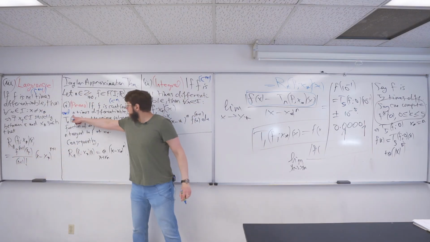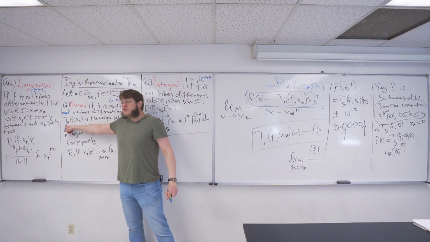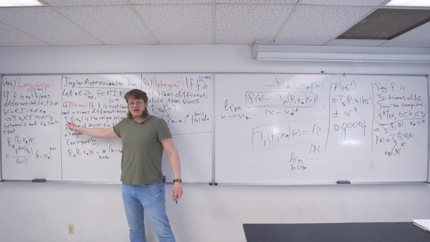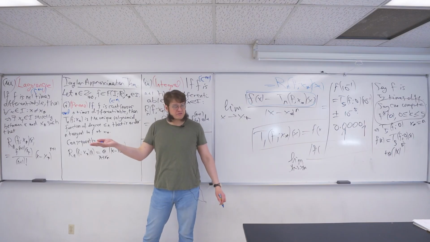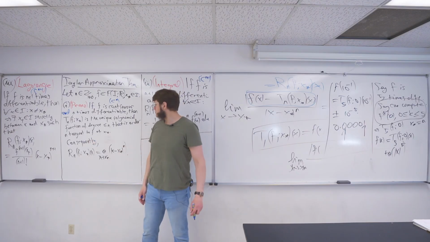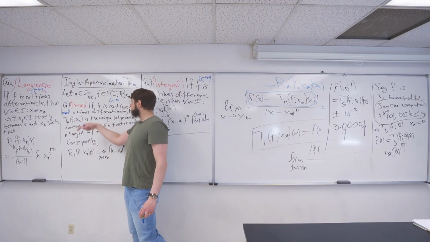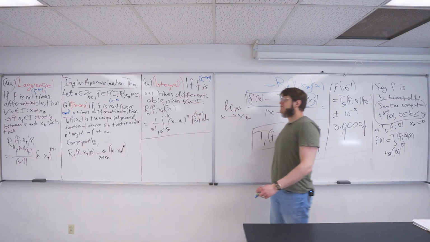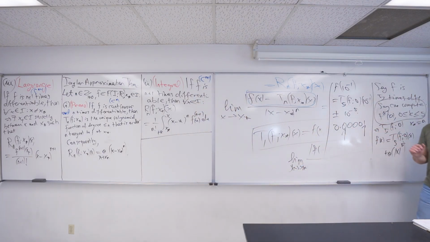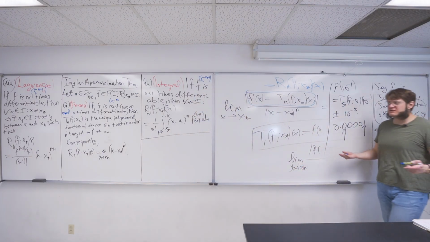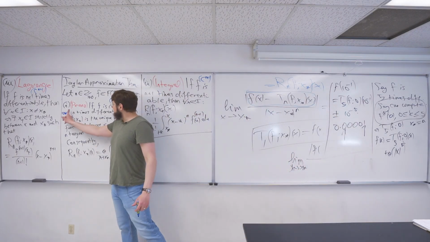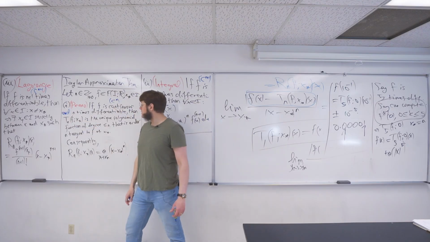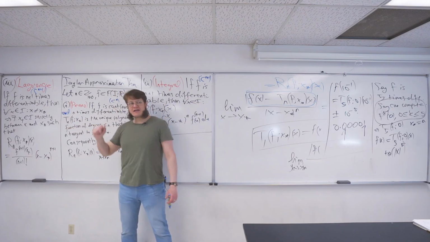If n is 0, the 0th polynomial of f at x star is nothing but f of x star. It's a constant polynomial, a degree 0 polynomial. In order for that to be tangent to f of order 0, that is the same thing as saying that f is continuous there. If I were to plug in n equals 1 here in the Peano part, this is the first order Taylor.